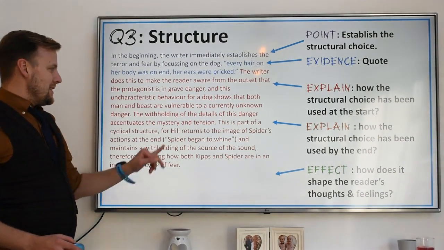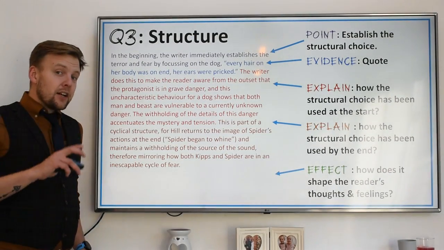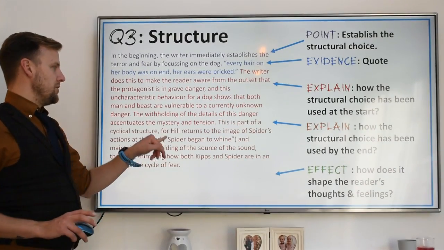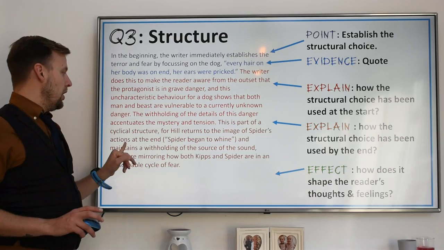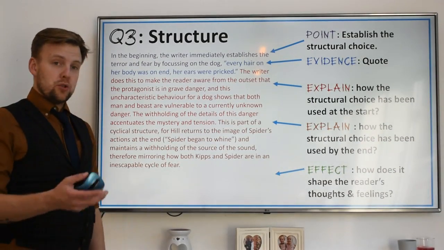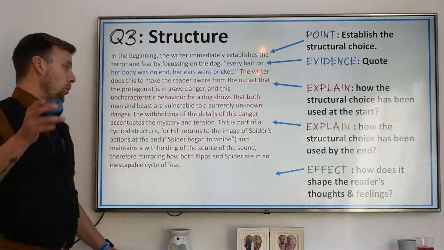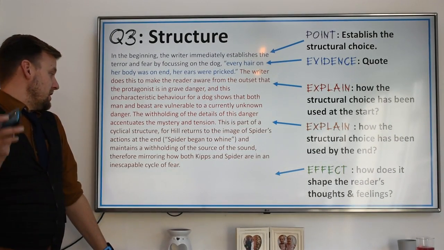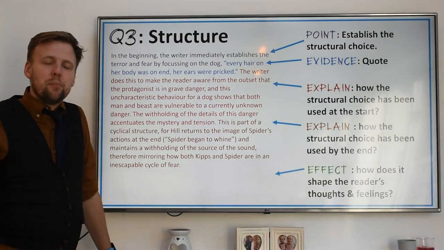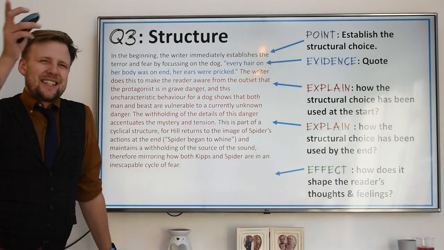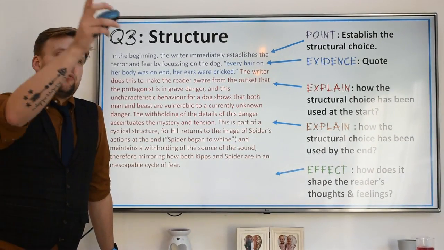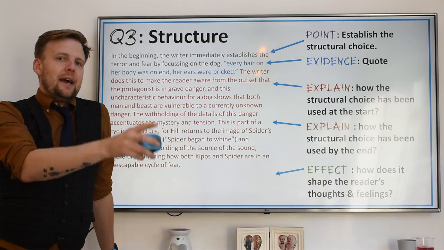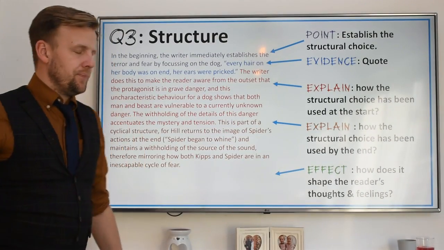By the end, we see this is a cyclical structure because we also see Spider, the dog, also whining, also being upset. So therefore, the fact that we withheld the sound of the source mirrors how both Kip and Spider are in an inescapable cycle of fear. That cyclical structure throughout reflects the cycle of fear and pain they're unable to break free from.